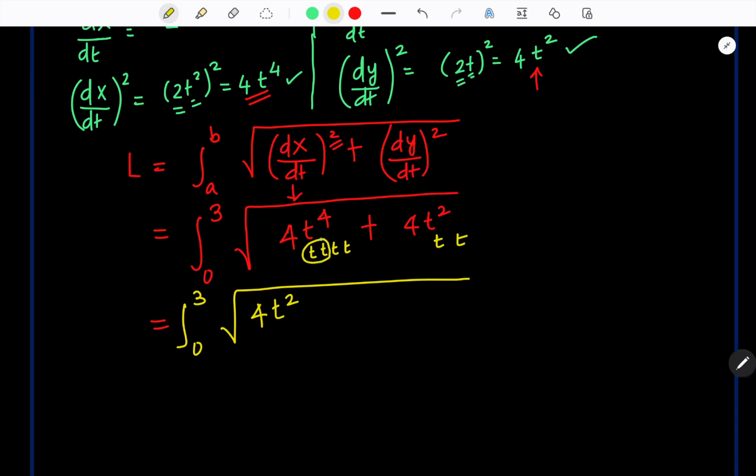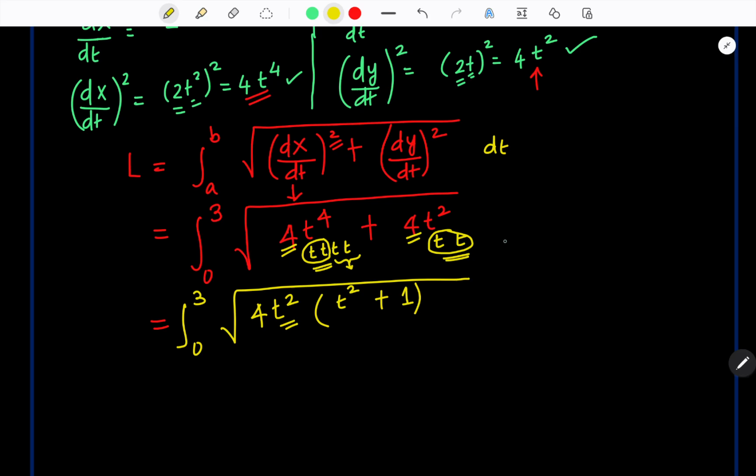So the common factor is t squared. So this is coming out, and inside the bracket what is remaining is t squared, and then plus, here nothing, so you put 1.